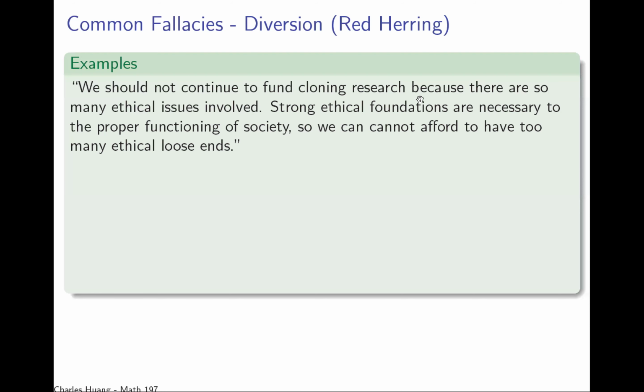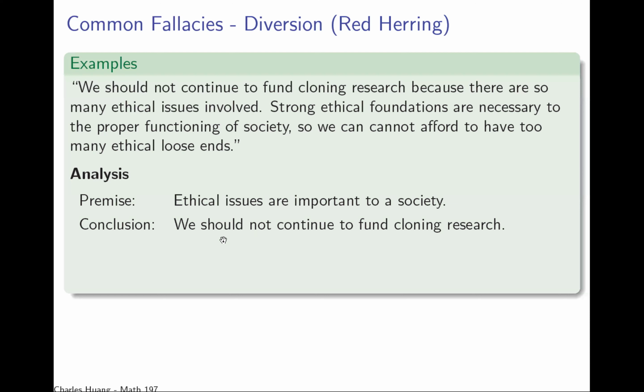The argument seems complicated, but when we think about it, the conclusion is that we should not continue to fund cloning research. Everything that comes after the because is our premise. And our premise is that ethical issues or strong ethical foundation is important.